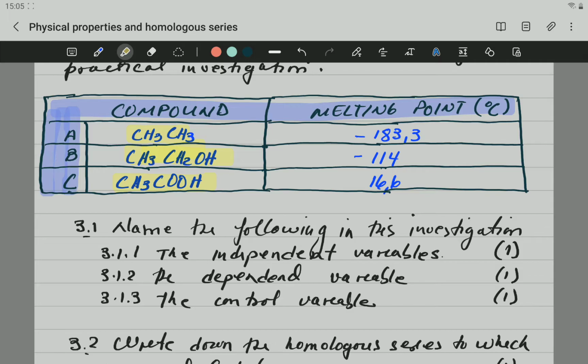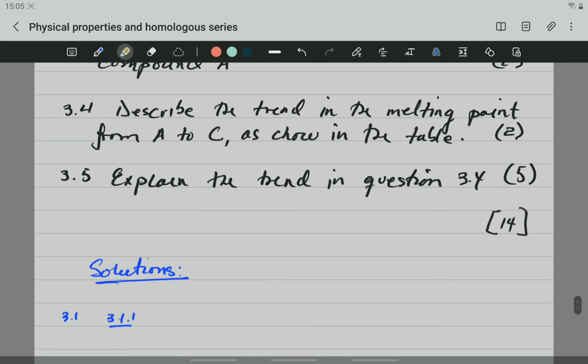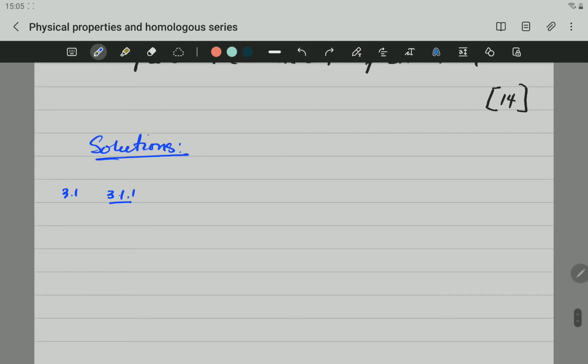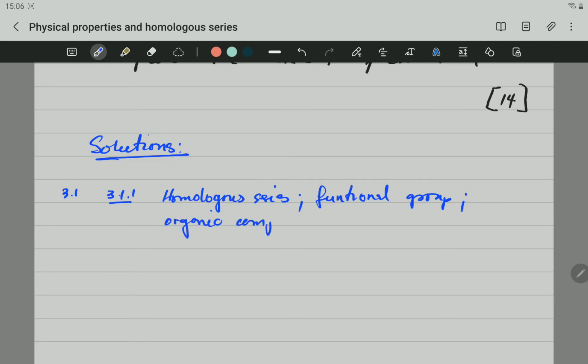So when you go to the independent variable, you can write the functional group, or you can write homology series, because that is what you change. Or you can write even organic compound, and there is 1 mark for that.